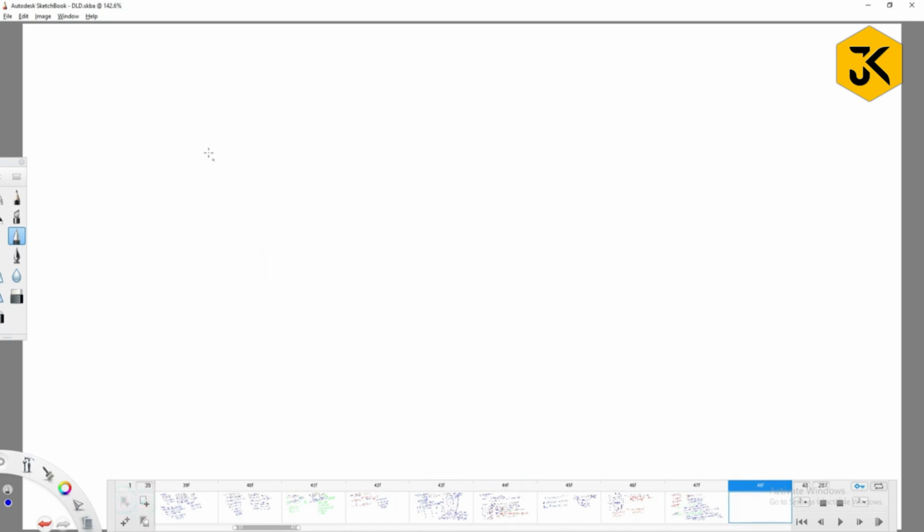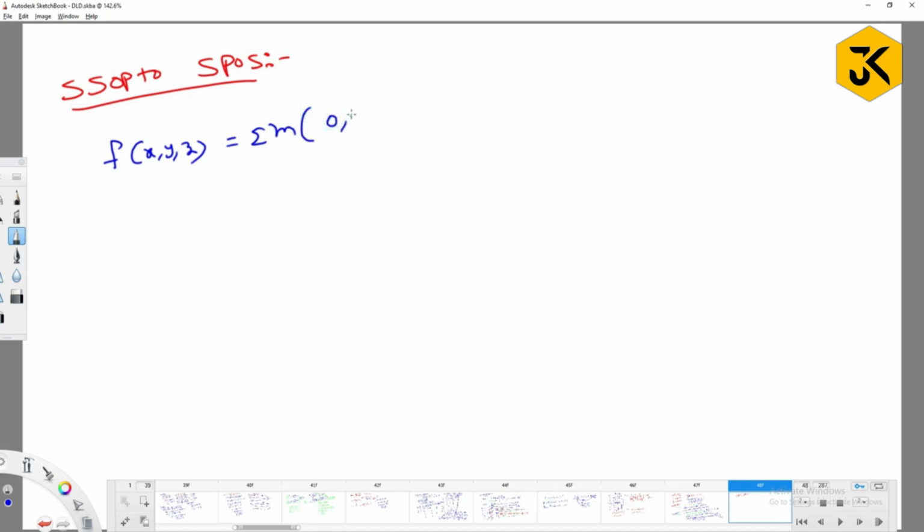So for example, if somebody asks you to convert the standard sum of products to standard product of sums, they may also ask that. At that time, for example, if the question is f of x y z, the standard sum of products they may give as 0 1 3 4 7.